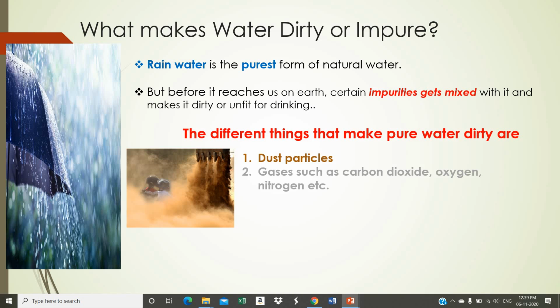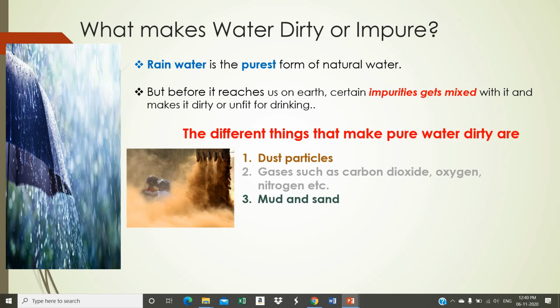The second thing that makes water dirty is the gases present in the air. Gases such as carbon dioxide, oxygen, nitrogen, hydrogen, all these gases are present in the atmosphere and they mix with the pure water and make it unfit for drinking.